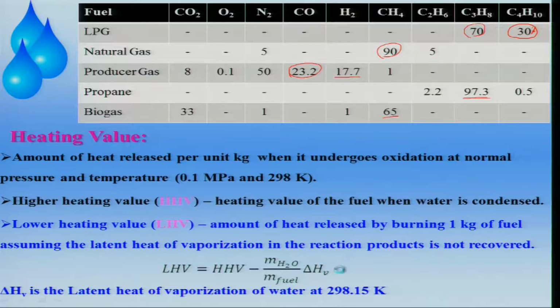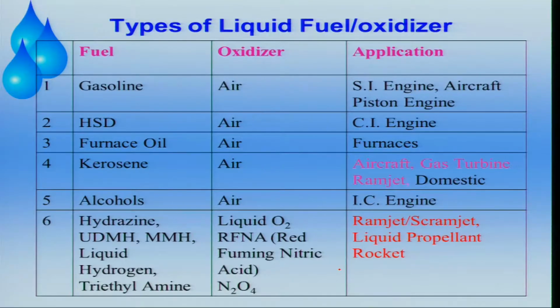So, if you look at the types of liquid fuels, of course, we know gasoline, it is nothing but your petrol, what we use. We are all familiar with the petrol price, and also the diesel price, which is going up. There is the high speed diesel, which is used in some places.